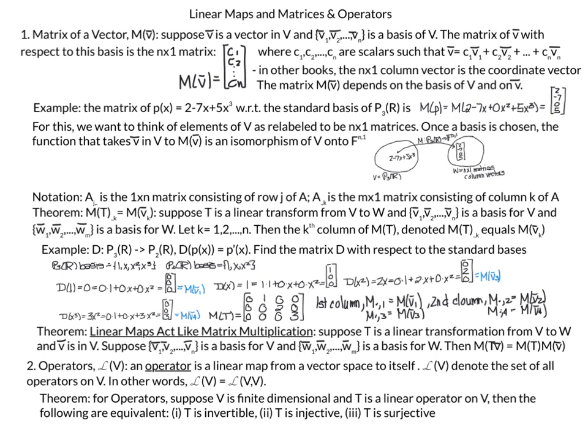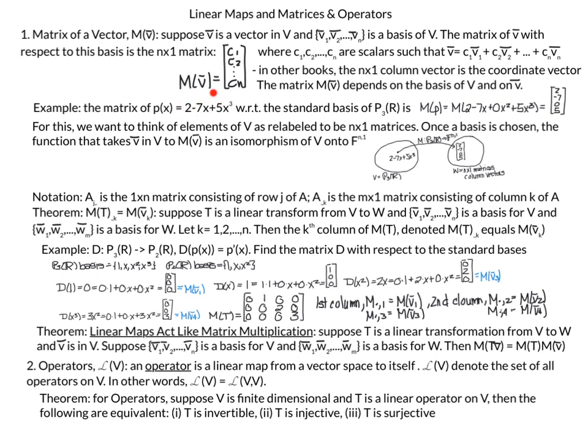And you will notice that the matrix of the vector depends on the basis of V, because the vector space V could have many bases. So it's important that for your coordinate vector, you know what basis you're discussing. We did this example here where we had a polynomial of degree 3 or less, which was 2 - 7x + 5x³.